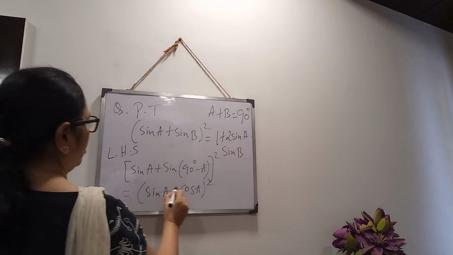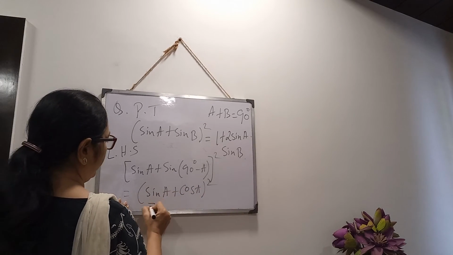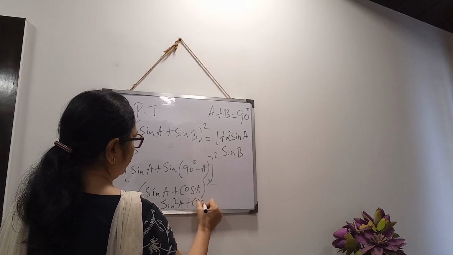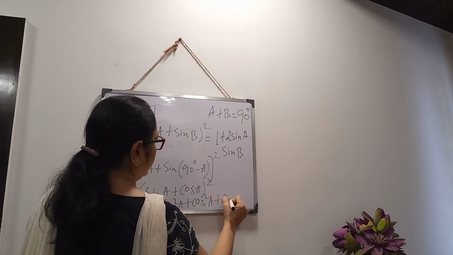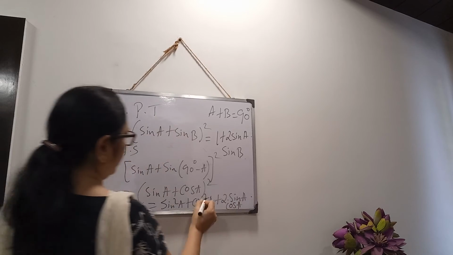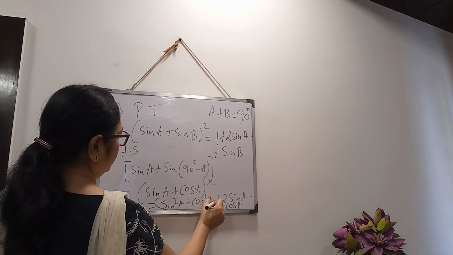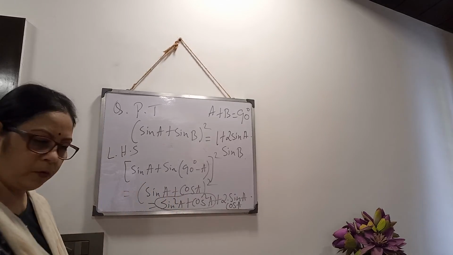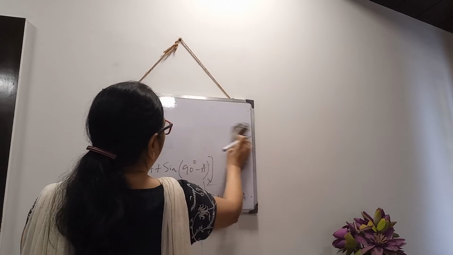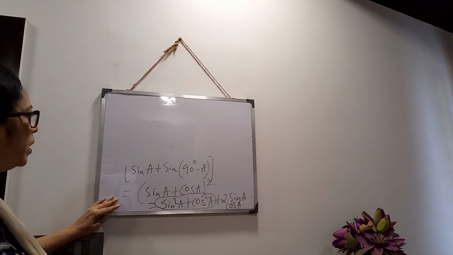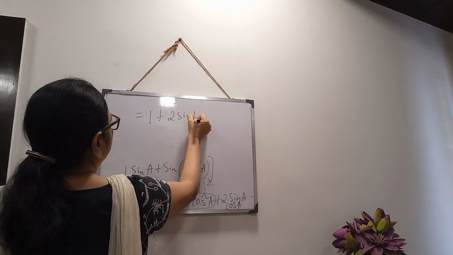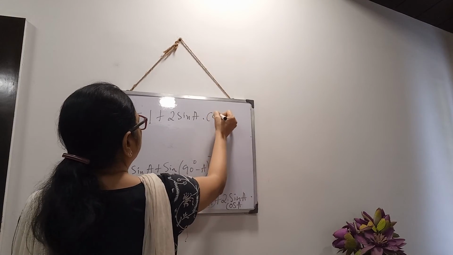This is the formula of A plus B whole square. Now we will apply the algebraic formula here: A square plus B square plus twice A into B. Clear? Now this you know, again the formula sin square A plus cos square A equals 1, all of you know. So we are getting 1 plus 2 sin A into cos A.